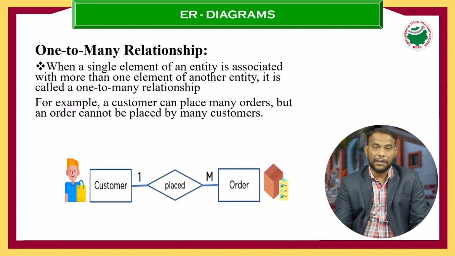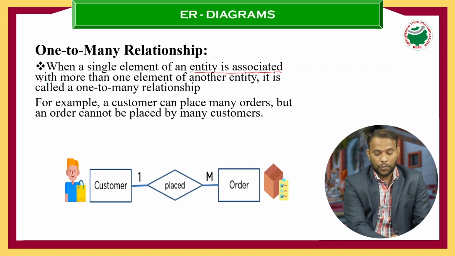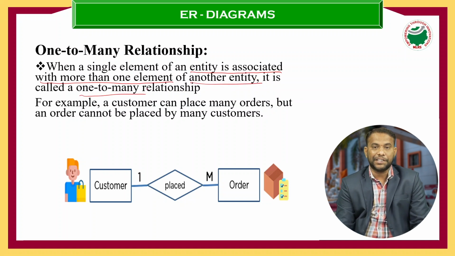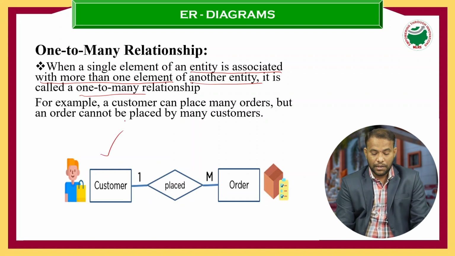One to many relationship. When a single element of an entity is associated with more than one element of another entity, it is called one to many relationship. So a single entity is related to another entity which has many.